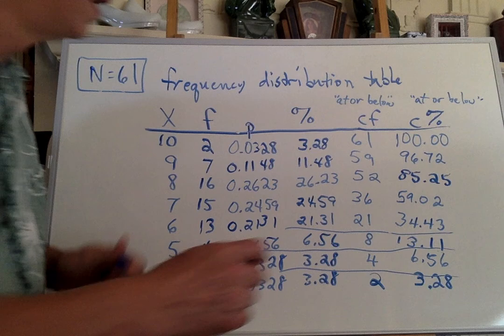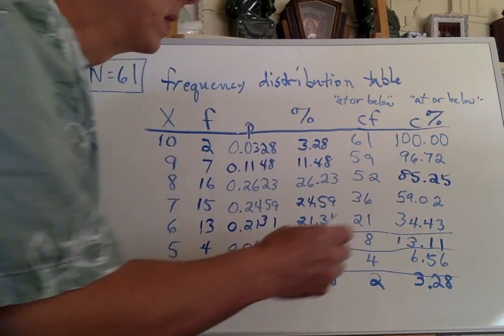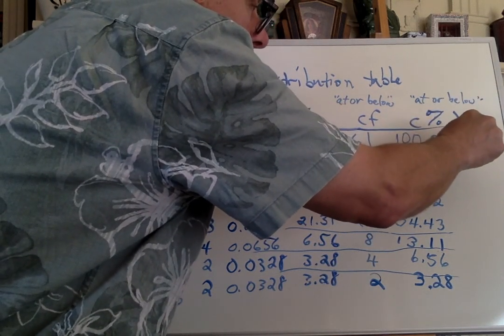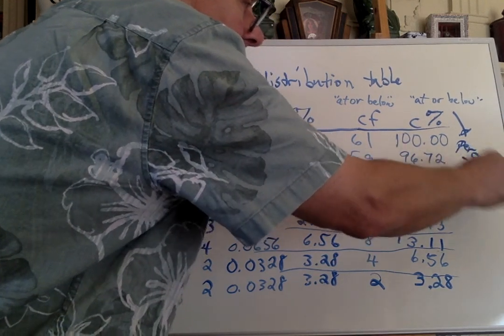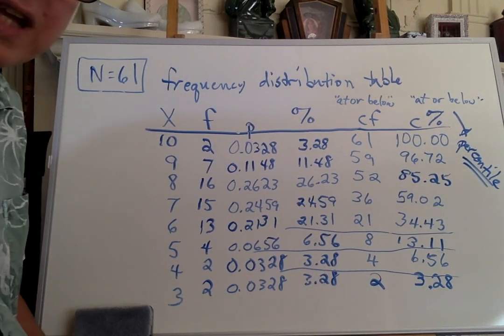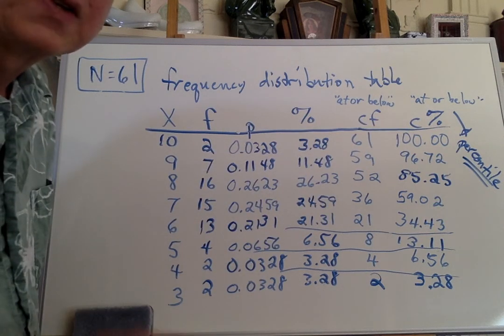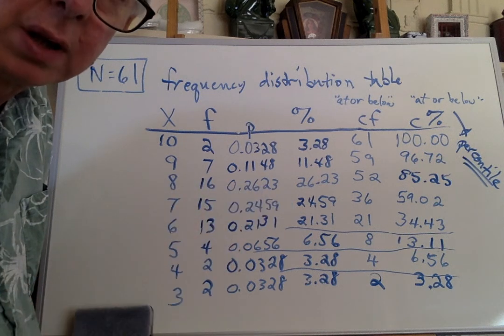In other words, this column right here, I want to make sure I don't run out of room here. This column is our percentile column. Percentile means the cumulative percentage. That is the percentage of people that are at a particular point or below it.